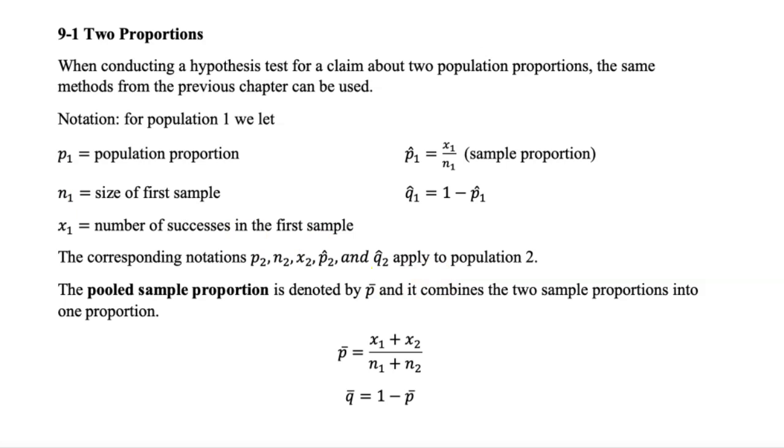So section 9.1, we deal with two proportions. When we're conducting a hypothesis test for a claim about two population proportions, the same methods from the previous chapter can be used. And so that's this general method of hypothesis testing, and we actually have a flow chart in that last section.